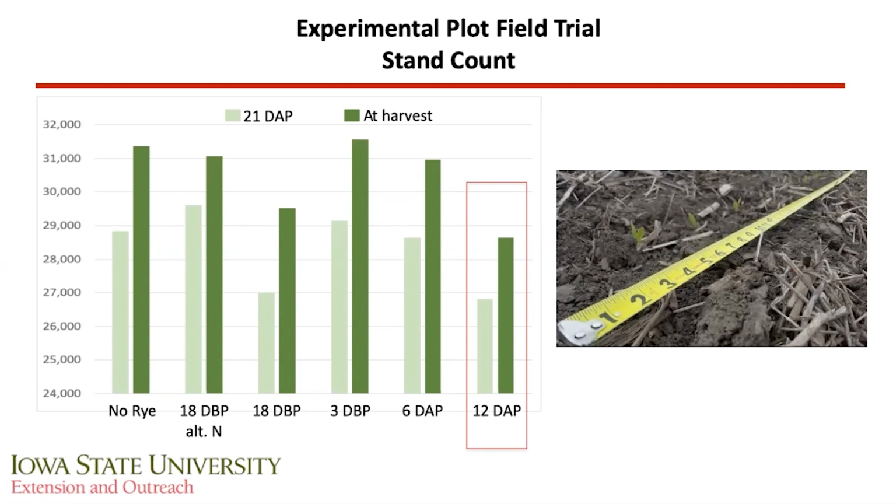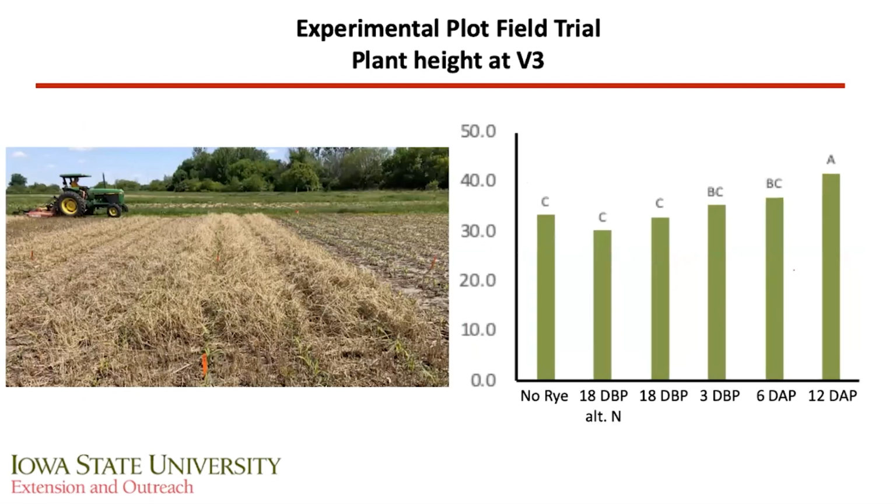Obviously, with 2020 we'll be able to see if we see that same data. But probably more interesting is that when we look at the plant height in these treatments, although everything's at the same growth stage, the plants where the rye was terminated 12 days after planting are taller compared to the plants in the other treatments, and particularly in the no rye check.